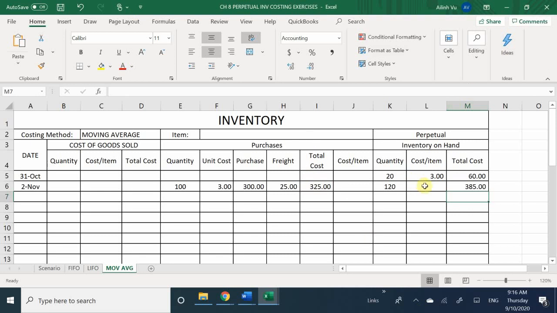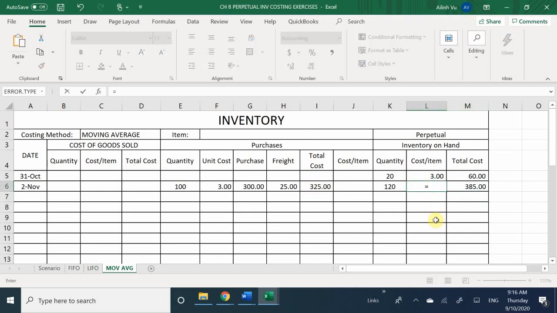Now I need to calculate my average cost per item here. And in this case, we're gonna get, what did you say? 3 point.